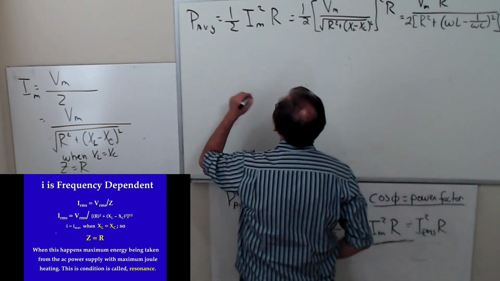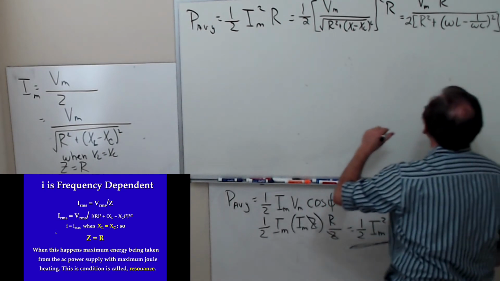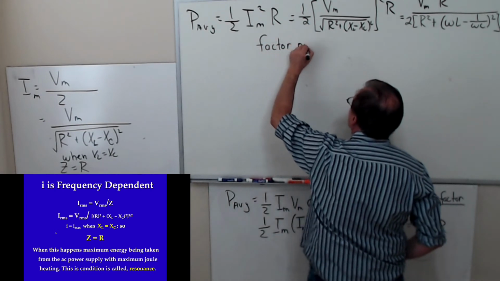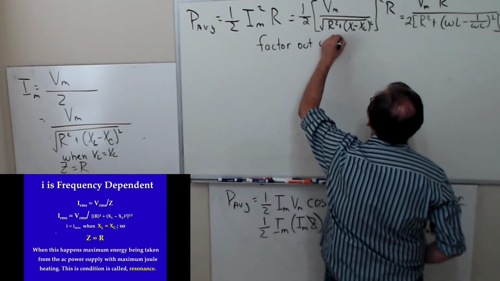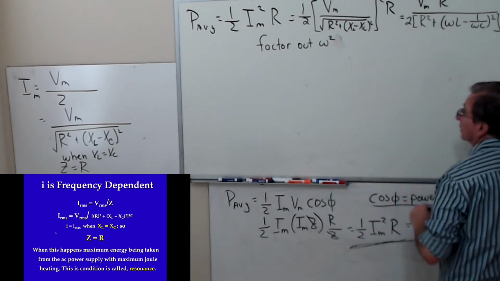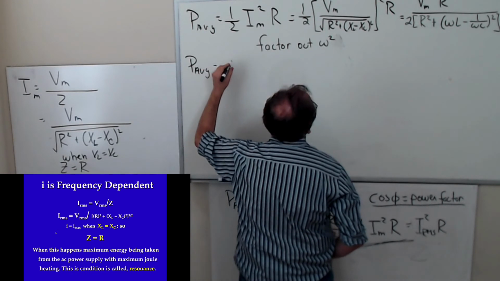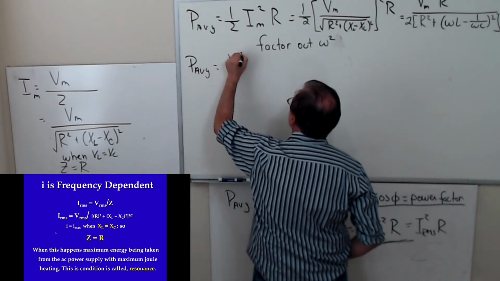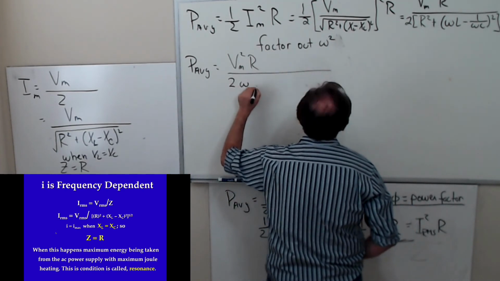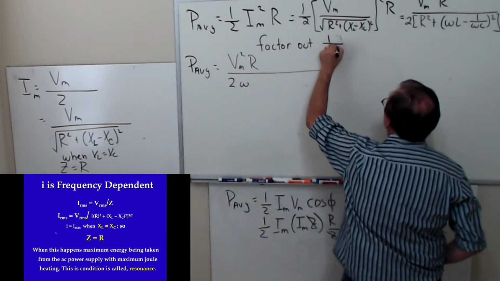Okay, so what I'm going to do here is factor out omega squared, sorry, not omega squared. I want to factor out 1 over omega squared.